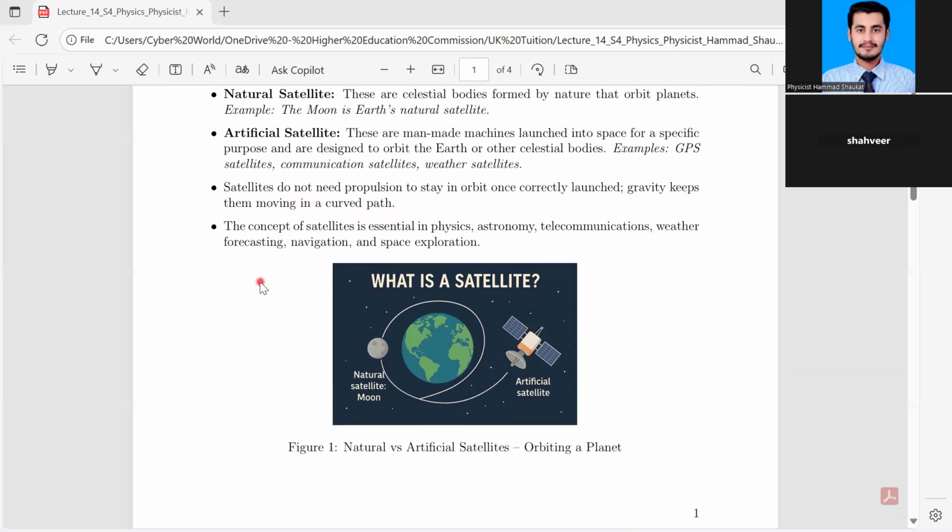The next concept is that the satellite is very essential in physics. Some applications are astronomy, telecommunication, weather forecasting, navigation systems, and many space exploration systems. We are using this satellite concept. Any question?